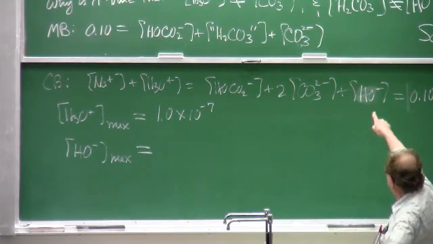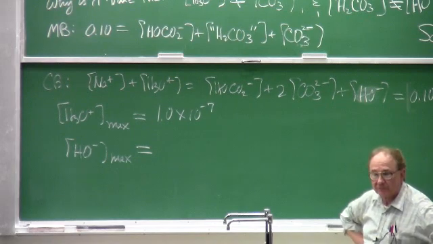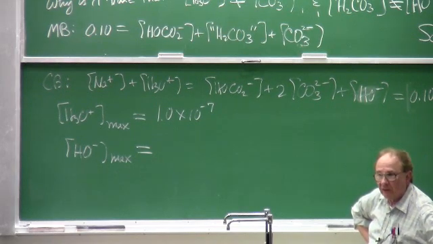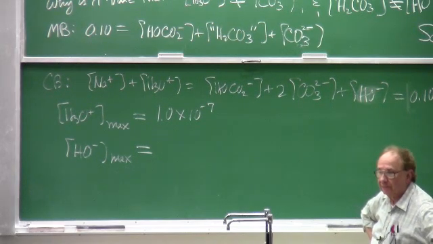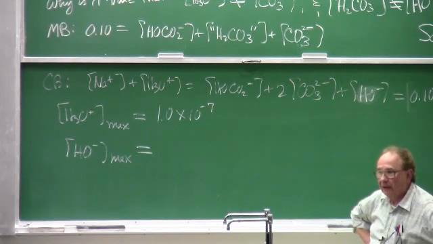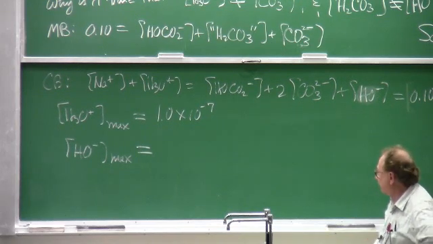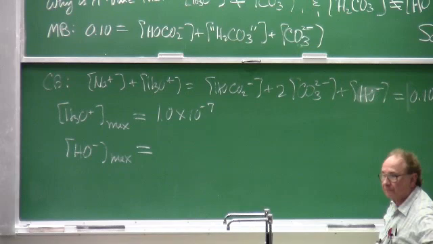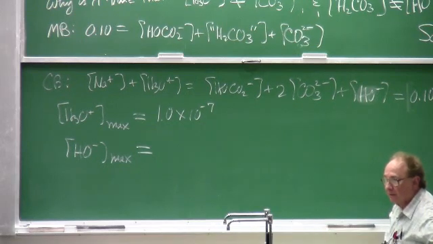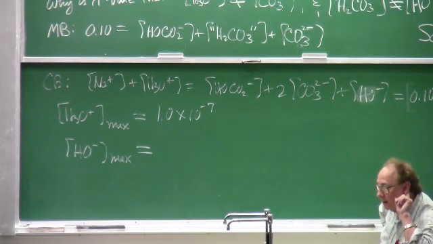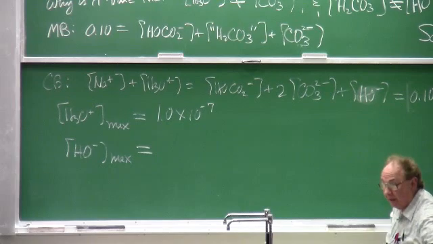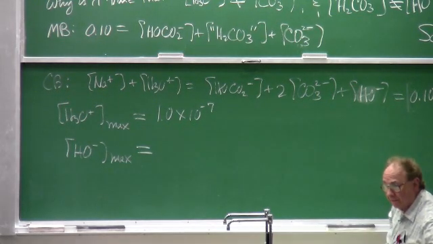But what about the Kb expression? How will I treat the Kb expression to get hydroxide ion max for this system? What will I do? Take the square root of Kb? Not quite.